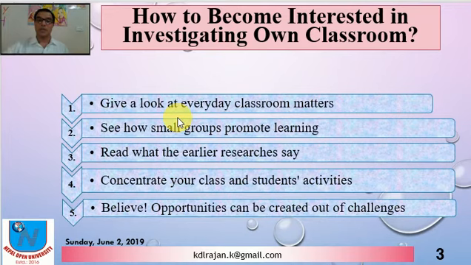Then we have to read earlier research as a part of our literature review. Domestic or foreign scholars may have carried out such research, so we should go through it to back up the research we are planning to carry out.